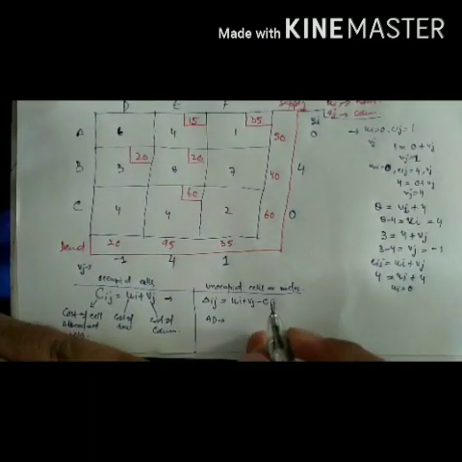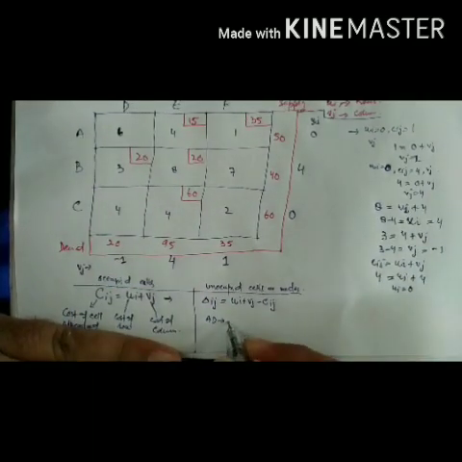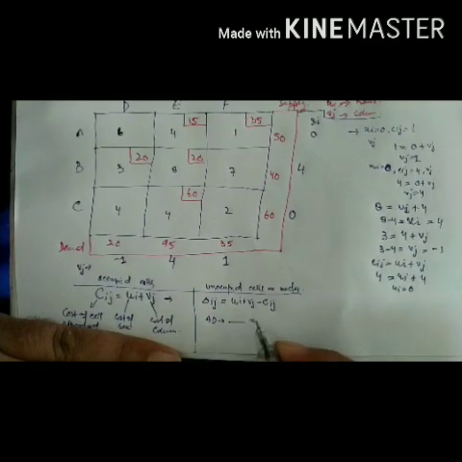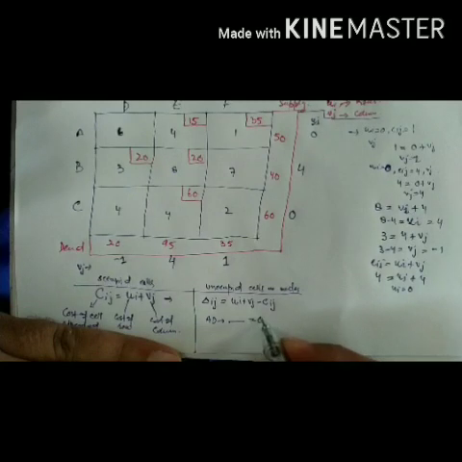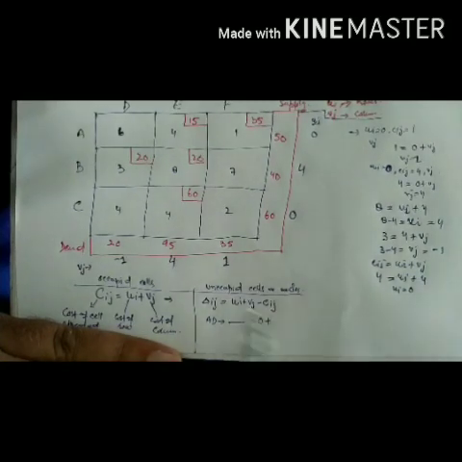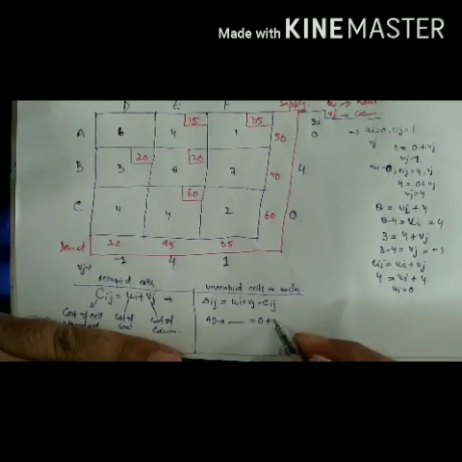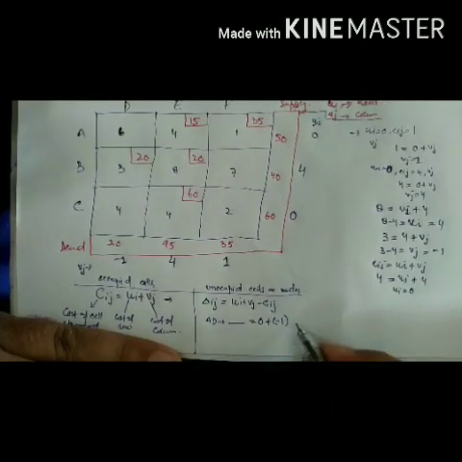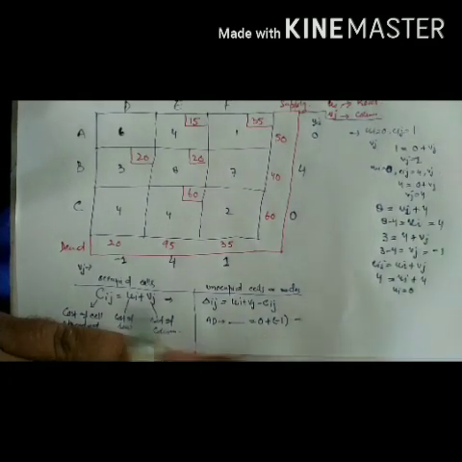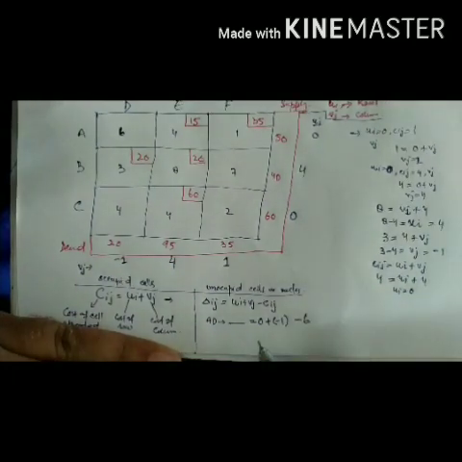For this, del Ij will be equal to Ui. What is the Ui of this row? That is 0. Plus, what is the Vj? That is minus 1. 0 minus 1. Now minus Cij of the unoccupied cell, that is 6.